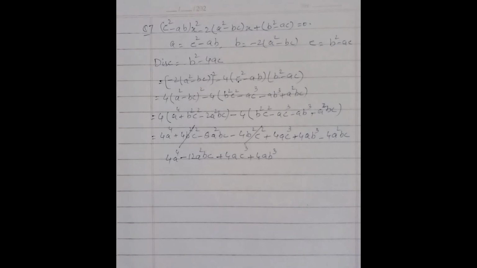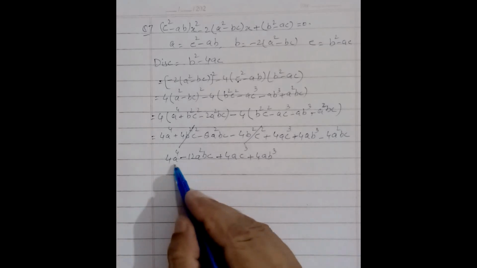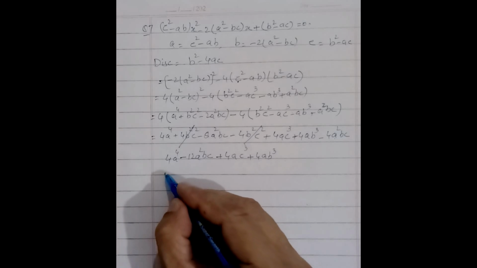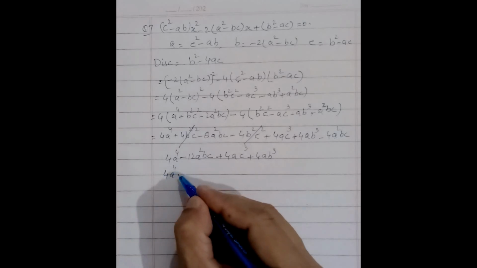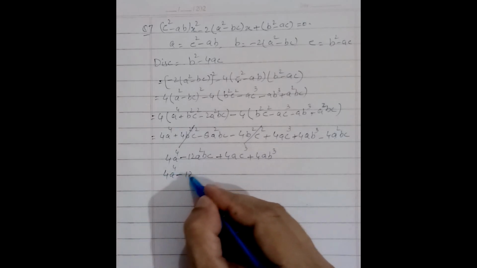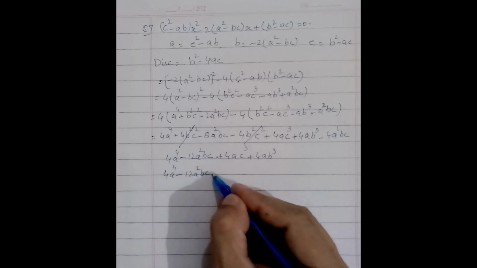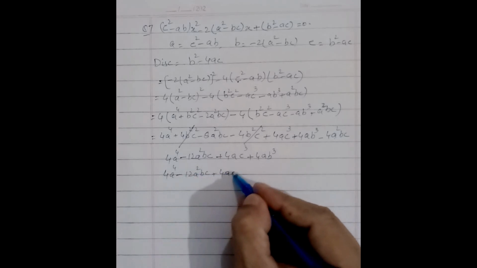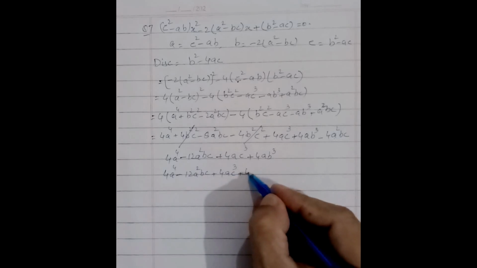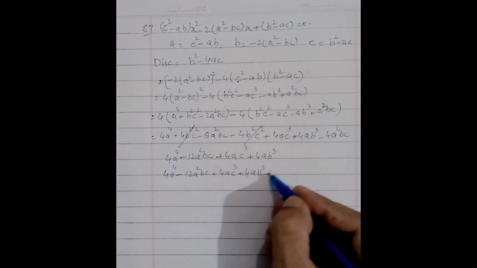And we know that the roots are equal, so the discriminant is 0. We write the whole value equal to 0: 4a⁴ − 12a²bc + 4ac³ + 4ab³ = 0.